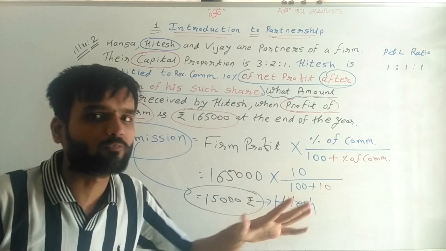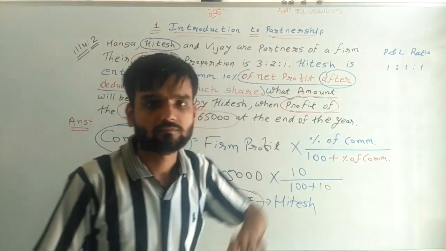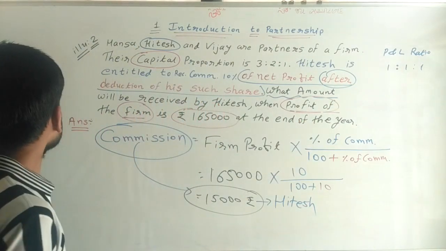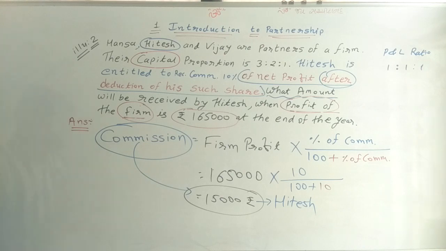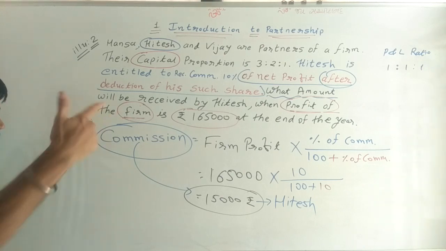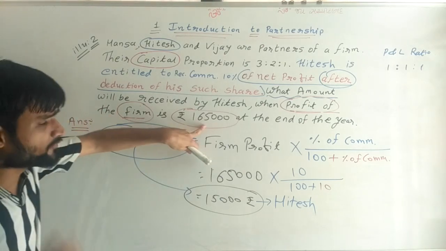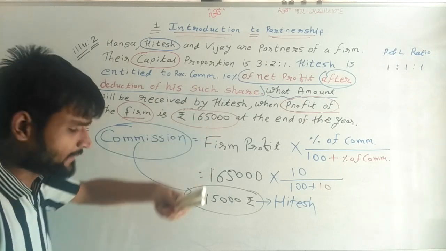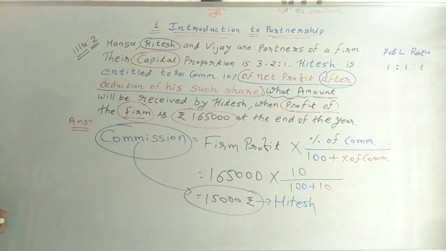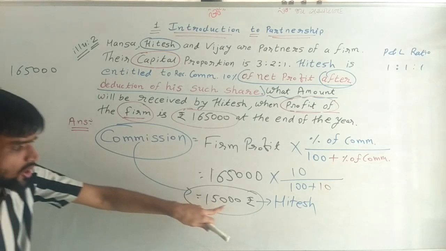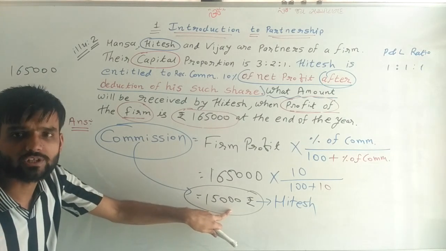Now we are doing the calculation of profit here. See here, the total profit of the firm is 1,65,000. So first of all, I am writing 1,65,000 here. From this 1,65,000, the commission is 15,000 rupees.